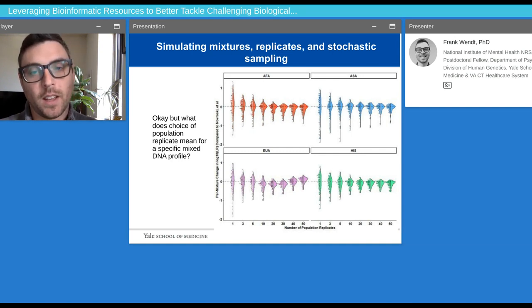So here we're showing how the number of replicate populations chosen influences the likelihood ratio distributions per mixture. Each data point here represents a mixture. Those are shown on the left side of each violin plot, whereas the actual distribution of data is shown on the right side of each violin plot. On the x-axis, we're showing the number of replicates that was included in the calculation of the mean likelihood ratio.